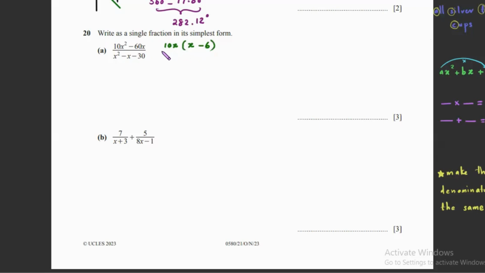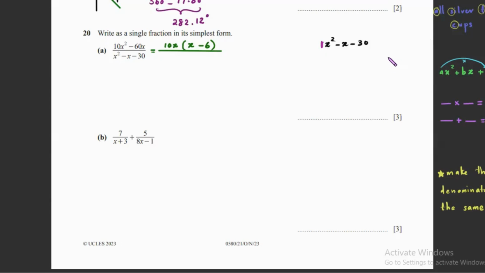In the denominator, I need to factorize x squared minus x minus 30. When I have three terms like this, and the coefficient of x squared is a 1, we have an easier way to find the factor pairs.